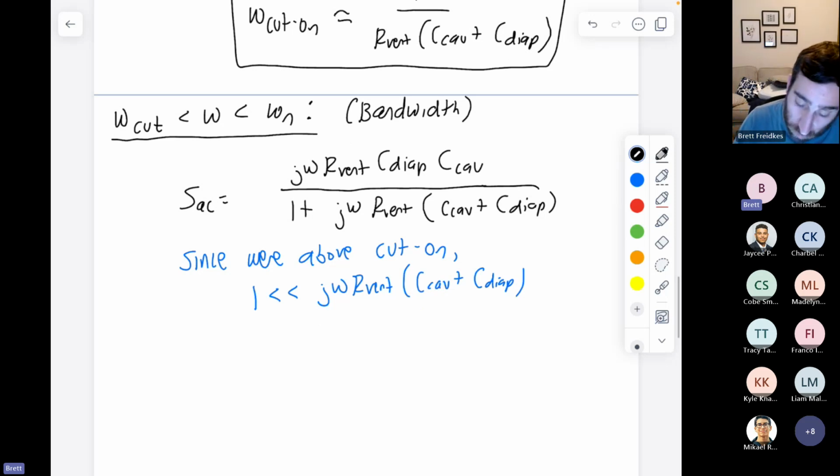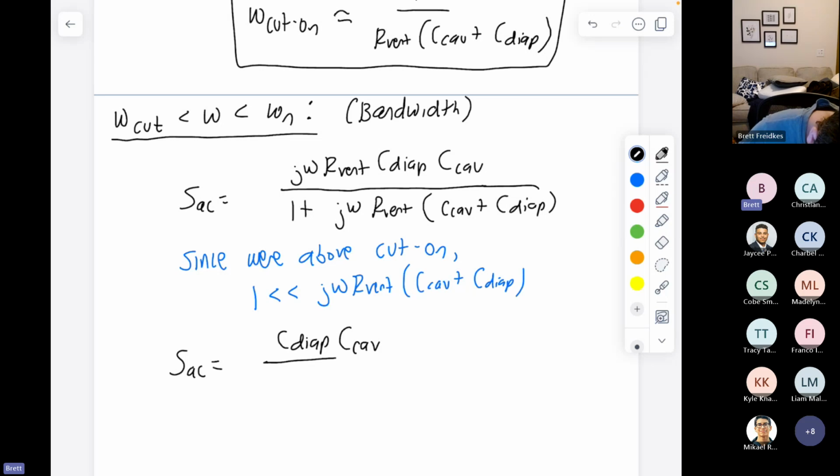And if we neglect the 1 and we ignore this, we can see that a lot of things cancel. The j's cancel, the omegas cancel, and the vents cancel. We end up seeing that our acoustic sensitivity just depends on the compliances of the cavity and the diaphragm.